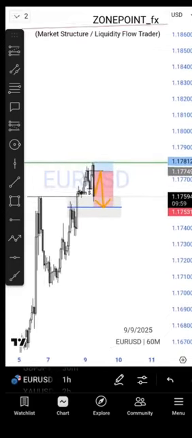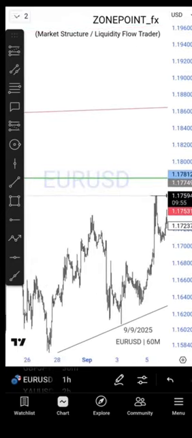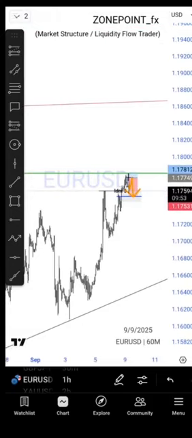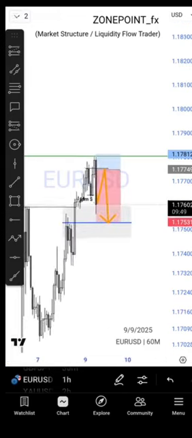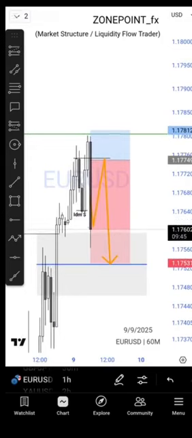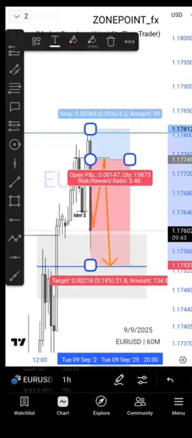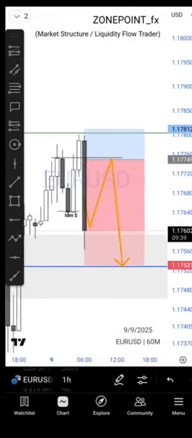So what will I be doing? I will be waiting for a sell. I'm waiting for sell on EUR/USD. I'm waiting for a retest back to this key level here.